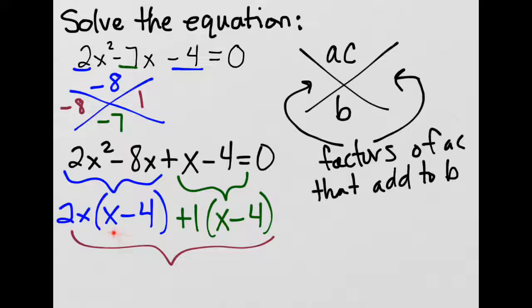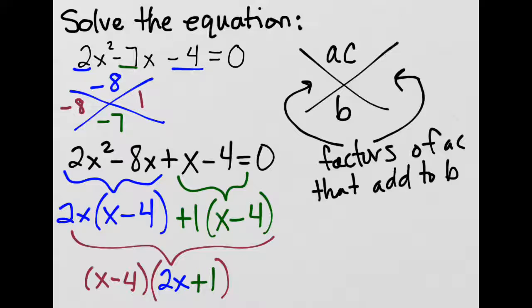You'll see that they both have an x minus 4, so we're going to factor that out. What we have left is what we get when we divide each by x minus 4. When we divide the blue term by x minus 4, we're left with 2x. When we divide the green term by x minus 4, we're left with 1. So this is our factored version right here.